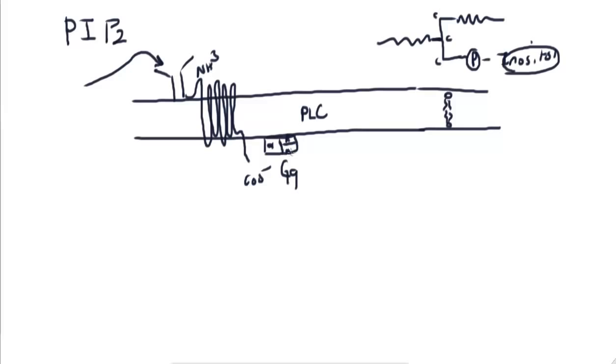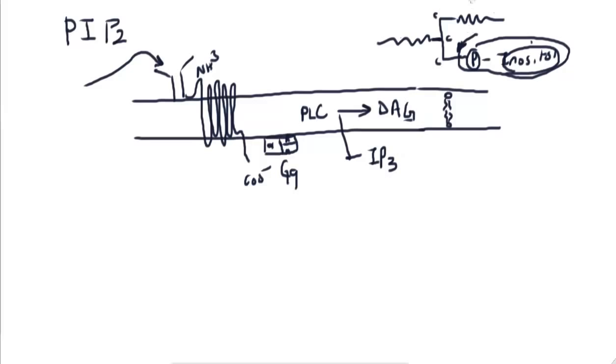This GQ protein is going to use energy to activate phospholipase C. Phospholipase C is an enzyme that basically cuts right here. So you're going to get two products. One is going to be 2 acyl groups and a glycerol, so it would be DAG, or diacylglycerol. And the other that it gives you is this, which is going to be inositol triphosphate, or IP3.